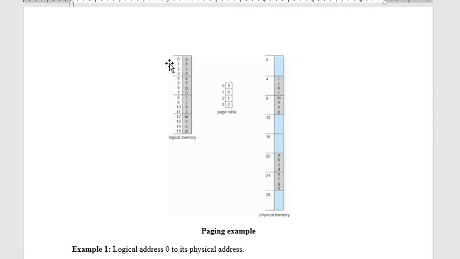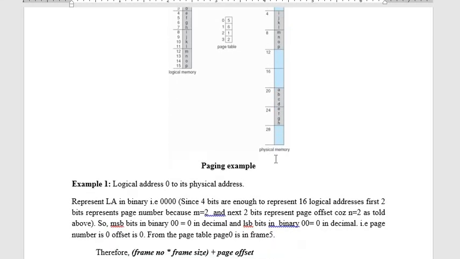Now suppose you want to locate where logical address 0 is present on the physical memory. By looking at this diagram, you could easily say that it is present at the 20th location. But how do we actually translate this 0 to 20? We'll see.